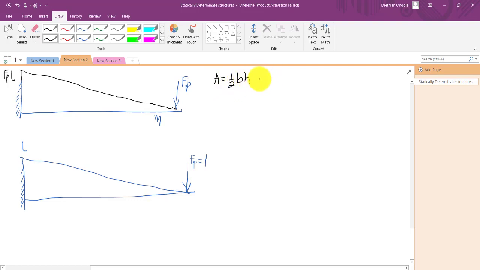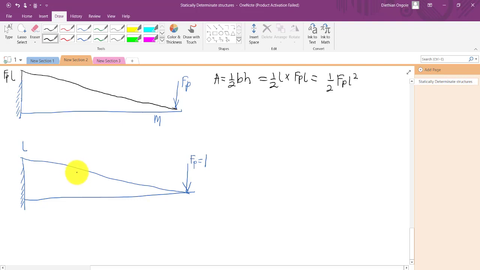This would be equal to a half by our base, which is L, times our height, which is FPL. This gives us 1/2 FPL squared.